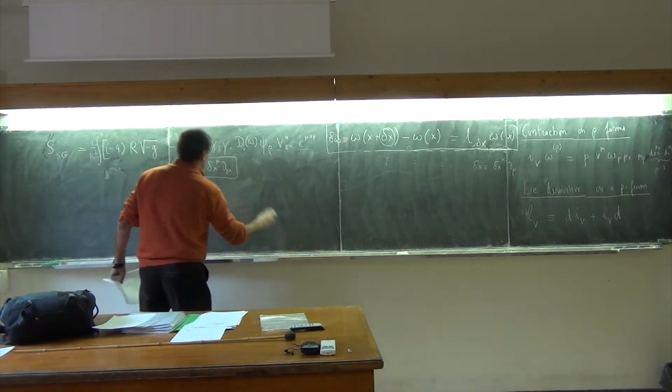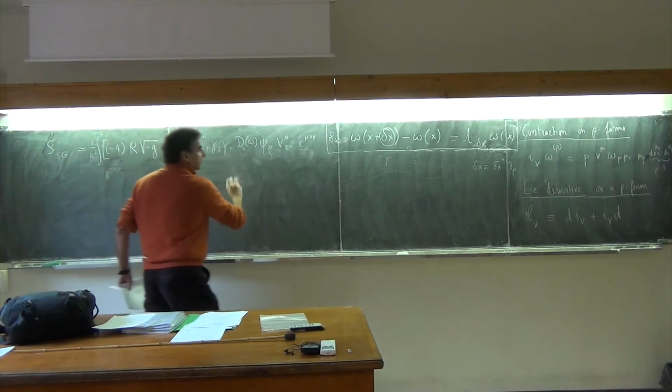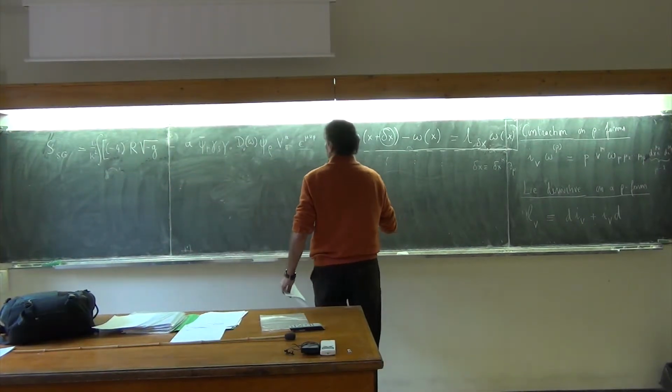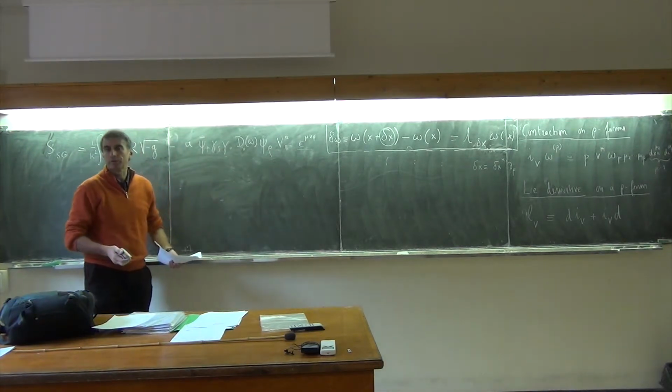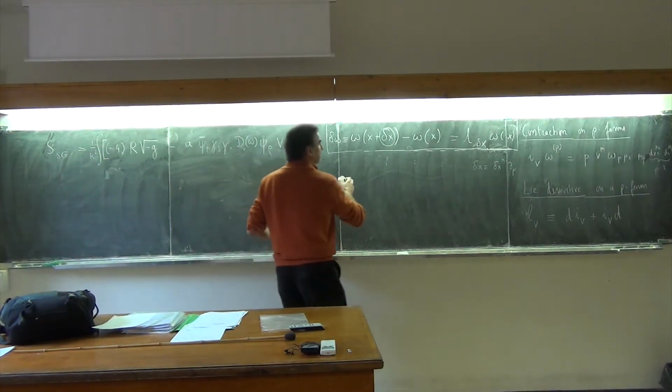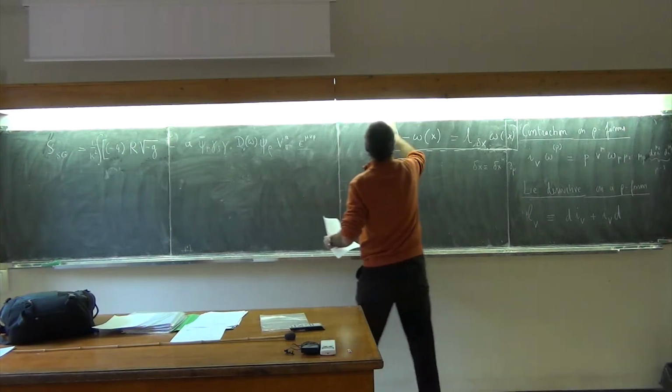Okay, so we can come back to supergravity, and now you will allow me to transform this integral into an integral of a 4 form, which is indeed what we started with yesterday.